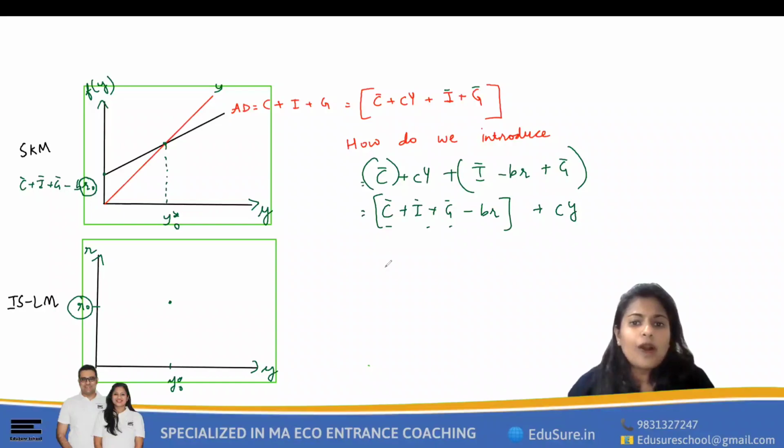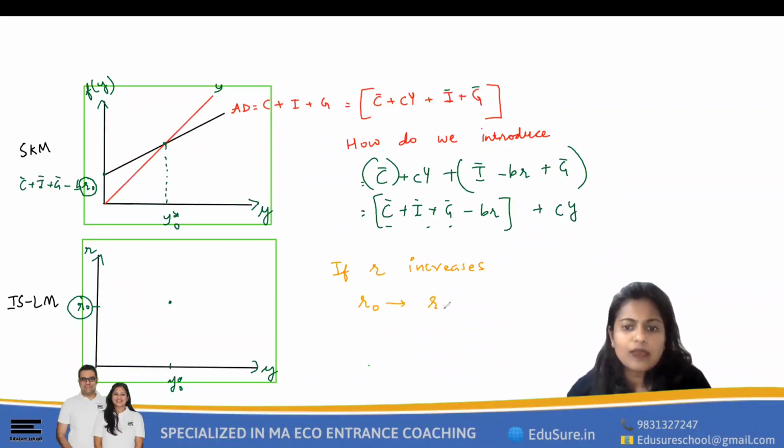Now, what happens if R increases from R naught to R1?